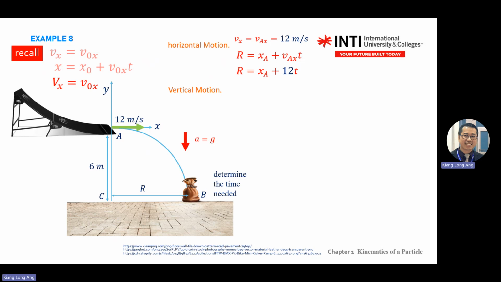You already solved it in the first part, so you substitute 12, positive going to the right. Then what is the position xA? It is 0. This is your reference point, a hidden piece of information. Then this is the final position.